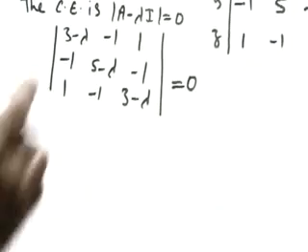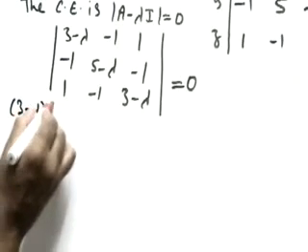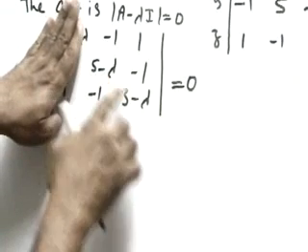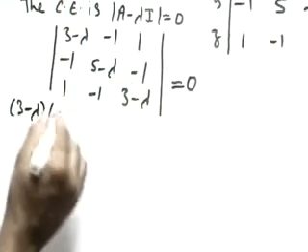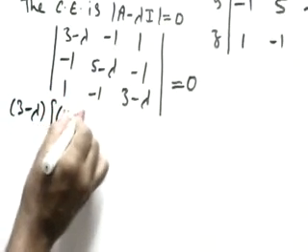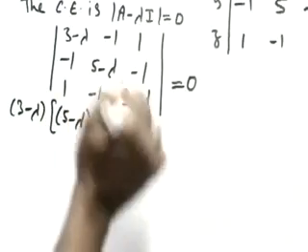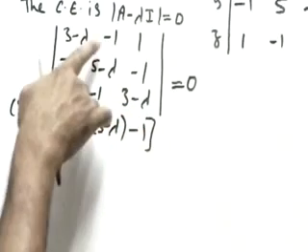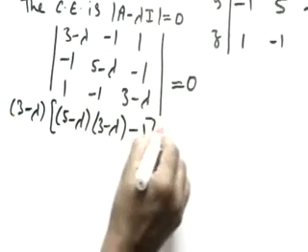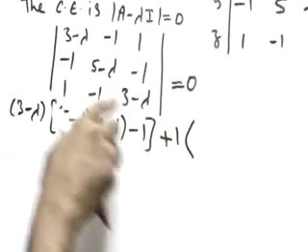Now let me expand this determinant. Take 3 minus lambda, hide its row and column, and multiply this 2 minus this 2. So this will be 5 minus lambda into 3 minus lambda, minus 1 into plus 1. You have to change the sign of this minus 1, so write plus 1.